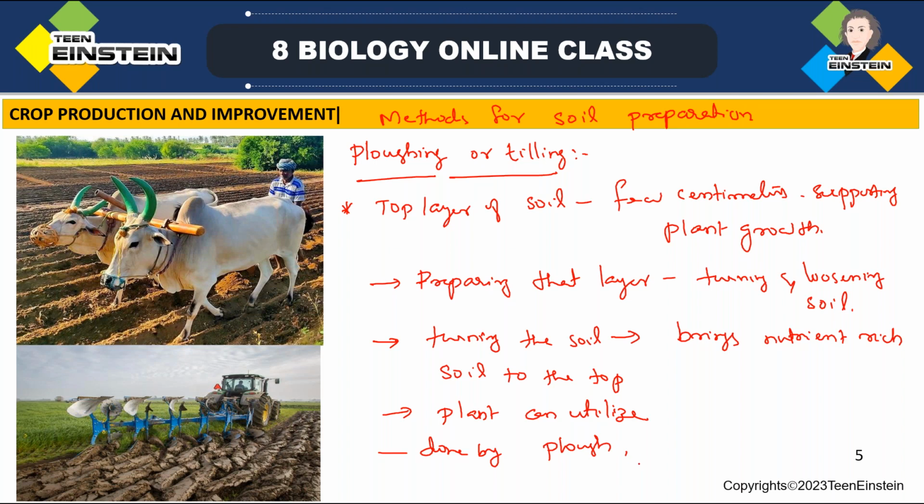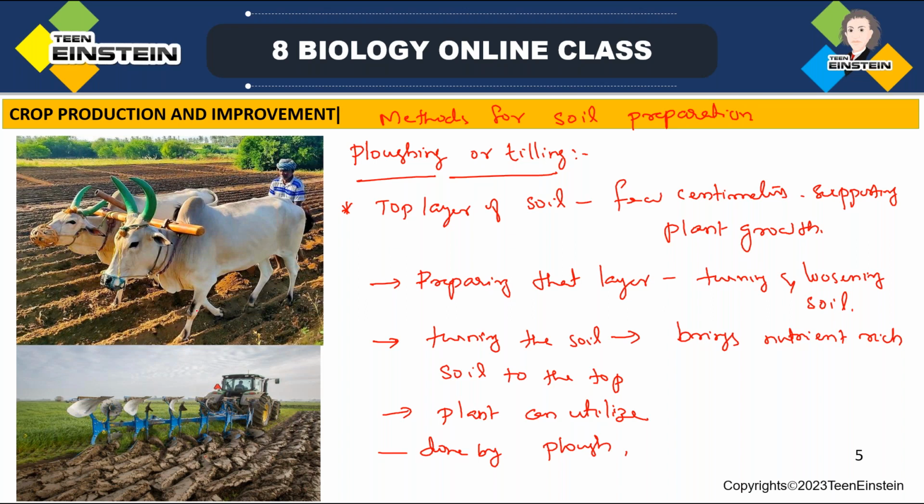It will become very hard and it's difficult to do the plowing. At that time we need to water that soil before plowing. Here you can see, after watering, the plowing is done. So by different methods we can do the plowing.